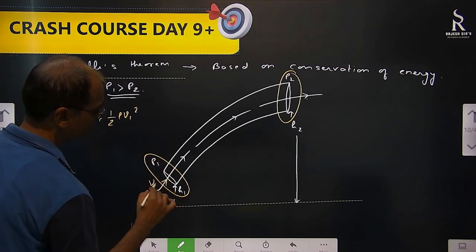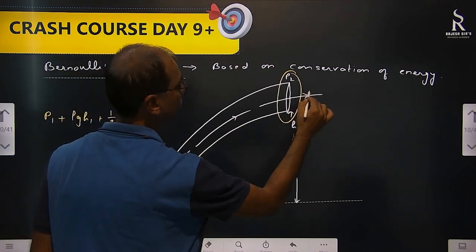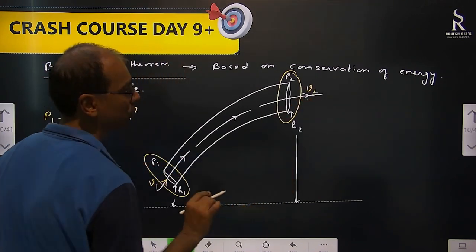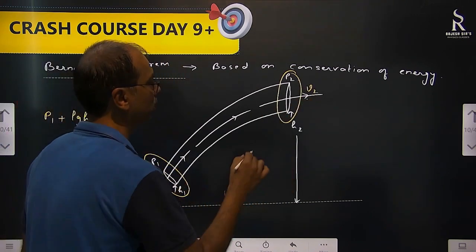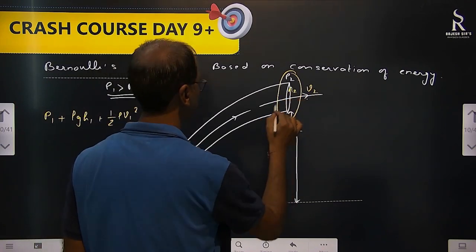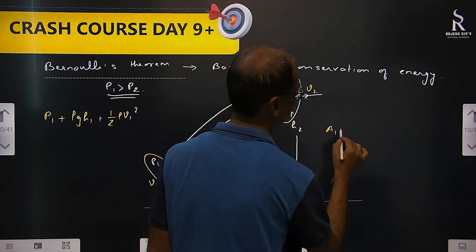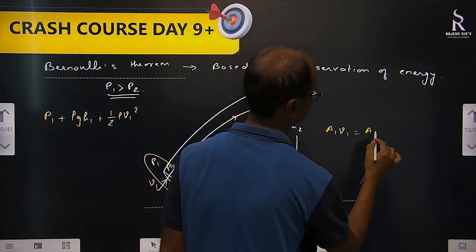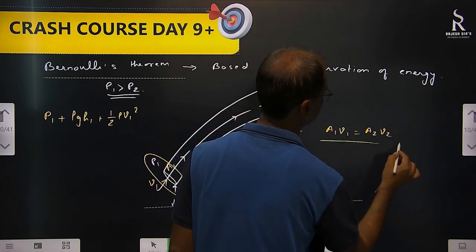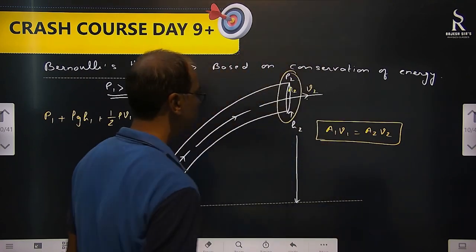And here the velocity is V2. In this, the equation of continuity is also valid. This is A2 here, this is A1. So A1 V1 is equal to A2 V2. There is no doubt about that.